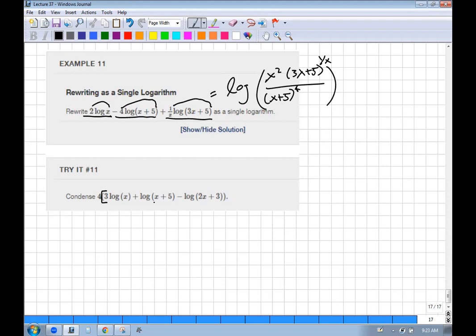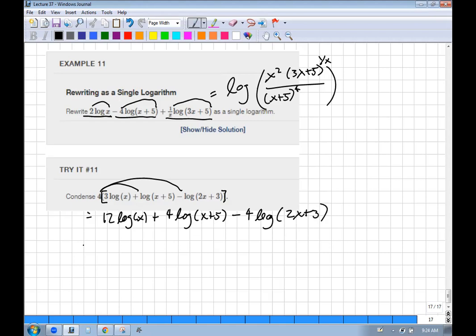notice everything is being multiplied by 4. I'd multiply the 4 through first. So 4 times 3 is 12. And we got 4 log of x plus 5 minus 4 log 2x plus 3.